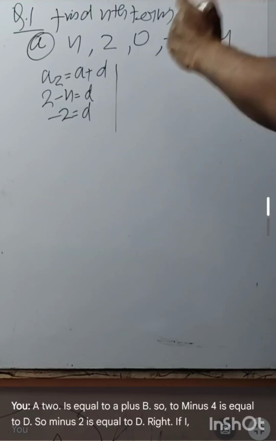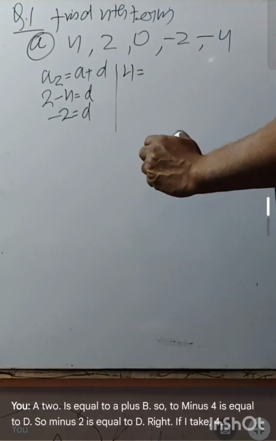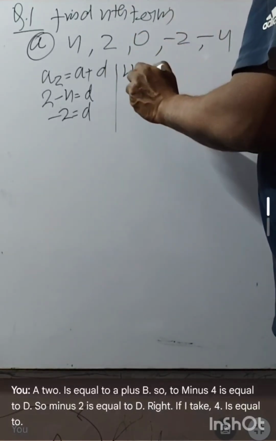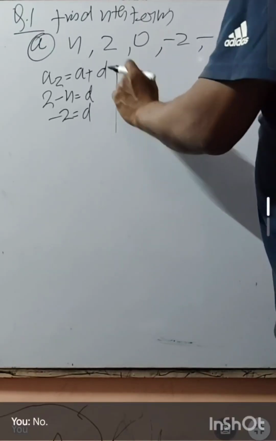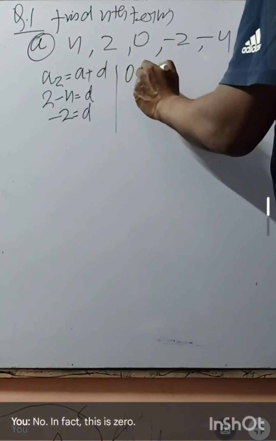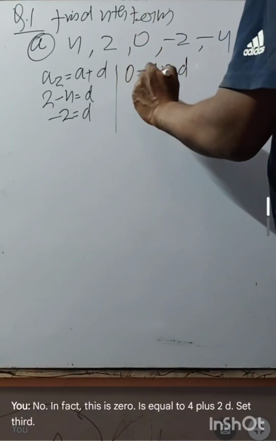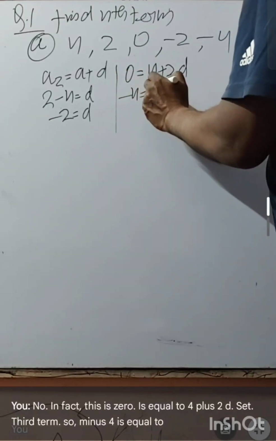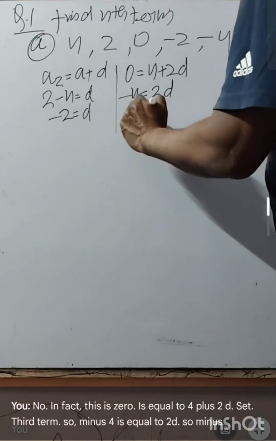If I take, if this is 0 is equal to 4 plus 2D, third term. So minus 4 is equal to 2D. So minus 2 is equal to D.